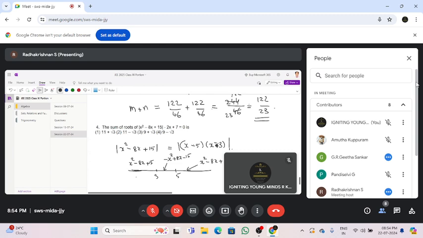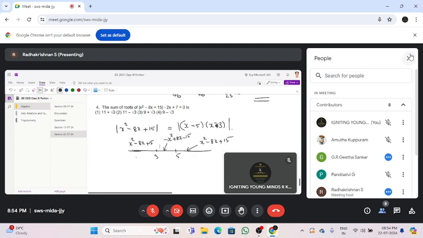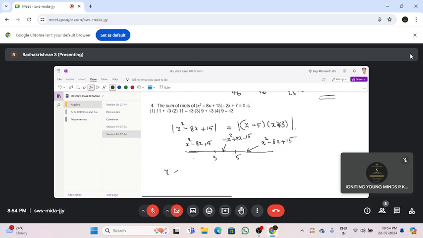In each range, you have to take x less than 3. Now instead of mod x, it is going to become x square minus 8x plus 15.